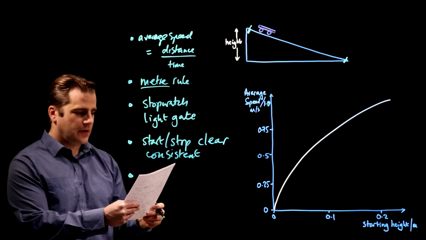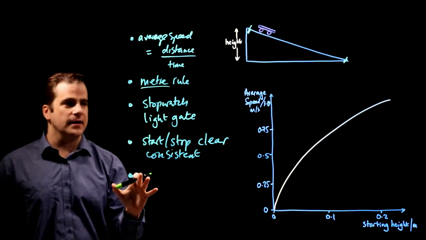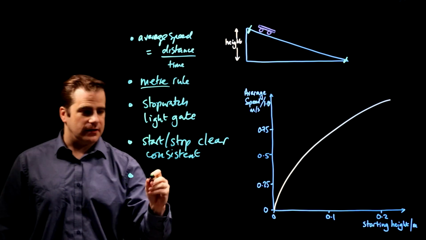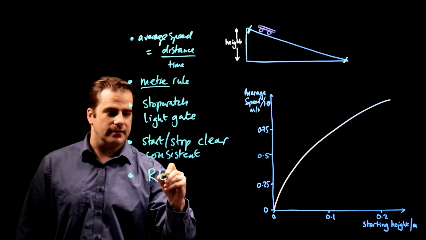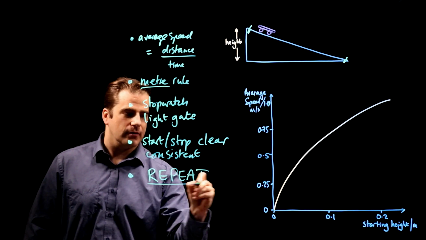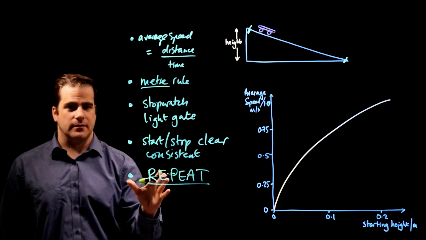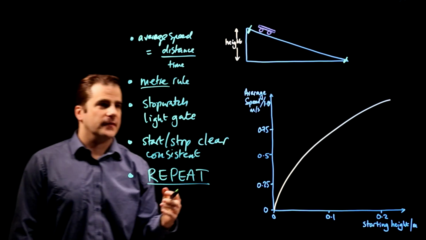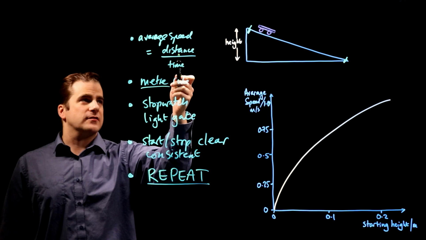Okay? Right. And the big one. For these sort of questions, always say repeat. Okay? You always get a mark for that. You take the measurements and you work out the average speed.